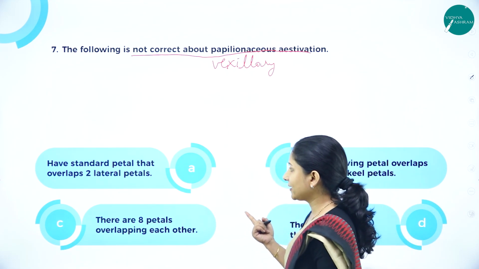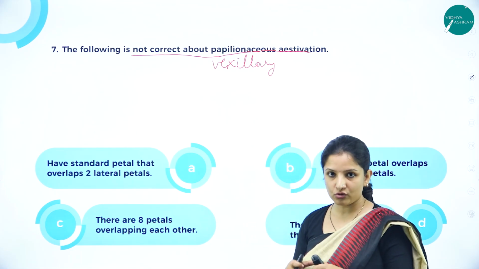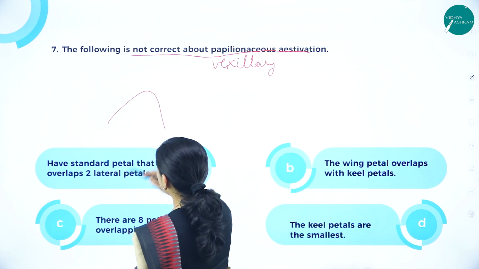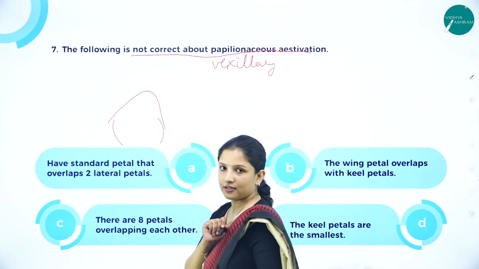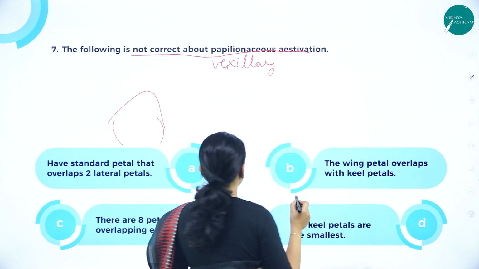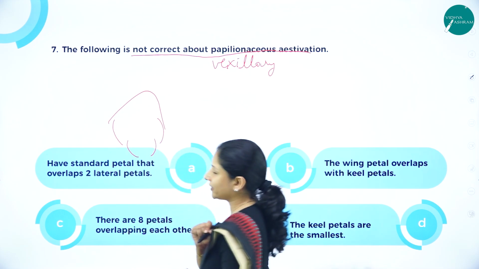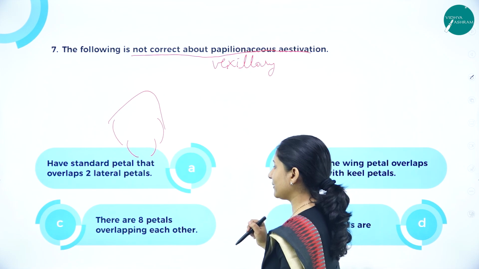Have a standard petal that overlaps two lateral petals. Yes, that is true, because they have one large standard petal like this which overlaps with two lateral petals. So that is correct. And the wing petal overlaps with the keel petal. Yes, this wing petal overlaps with two small keel petals like this. That is also true. There are 8 petals overlapping each other.